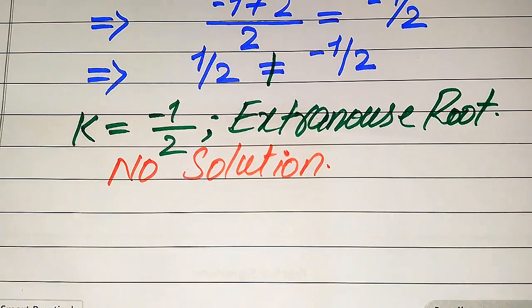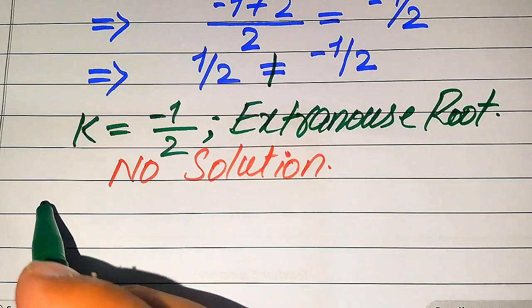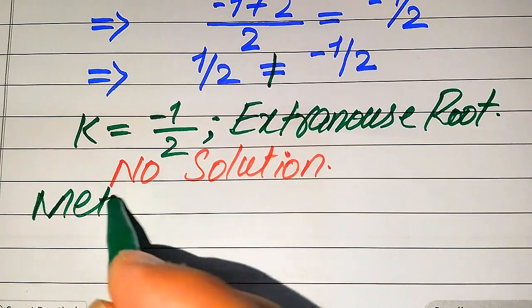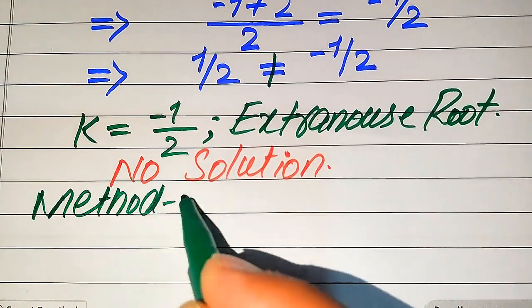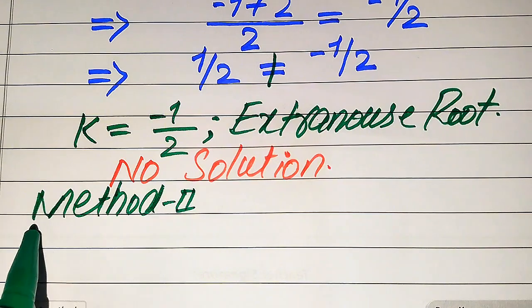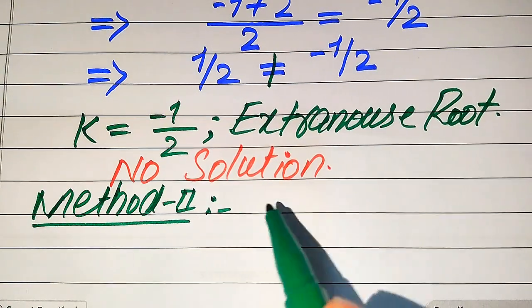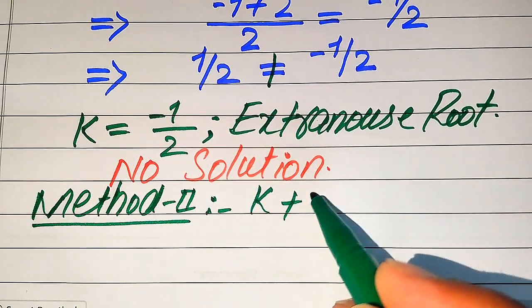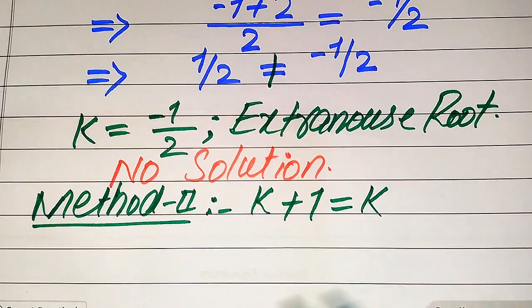And now we solve this problem again by the second method. In the second method, we need to copy down the given question statement. So the given question statement is k plus 1 is equal to k.